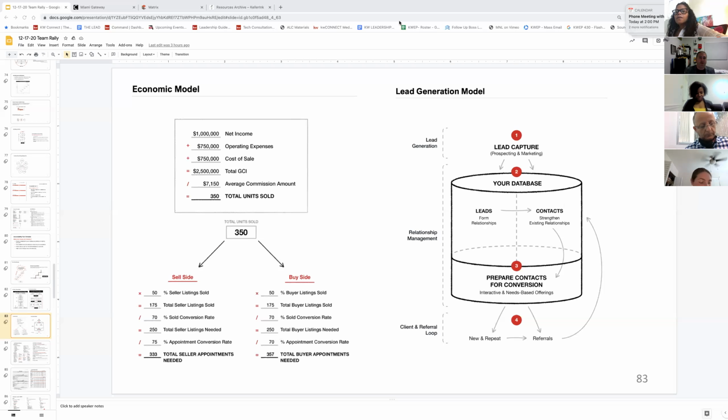Yet the purpose of a lead is to turn them into two-way communication. Once we have two-way communication, we then prepare them for conversion, which is a buyer consultation, which is a listing presentation.